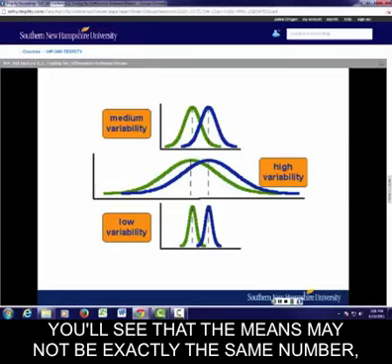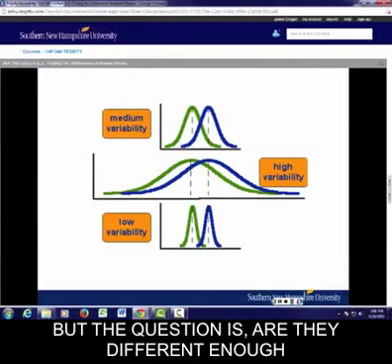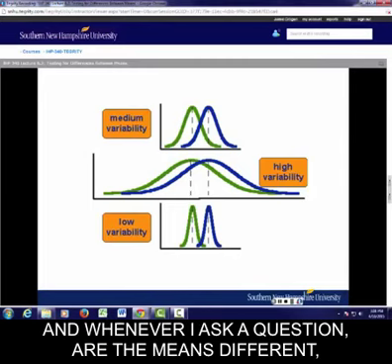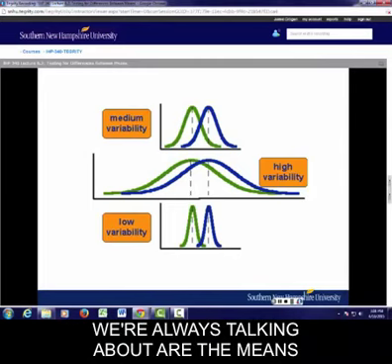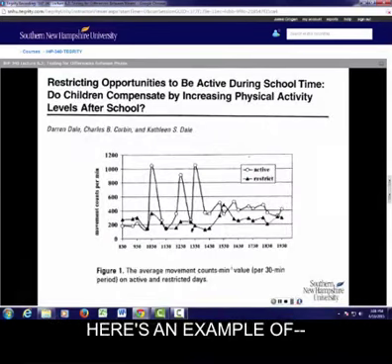You'll see that the means may not be exactly the same number. They may be different by a little. But the question is, are they different enough to be statistically significantly different? And whenever I ask a question, are the means different, we're always talking about, are the means significantly different?